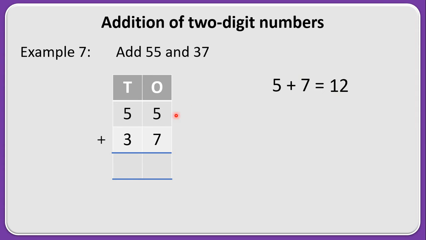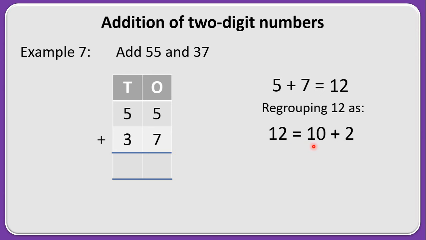Since 5 and 7 are in ones place, 12 here represents 12 ones. So we can regroup this number 12. Regrouping 12, 12 is equal to 10 plus 2. In 12 there is one 10 and two ones.